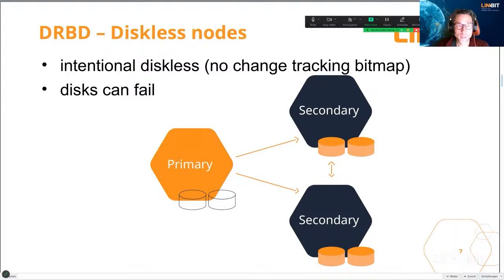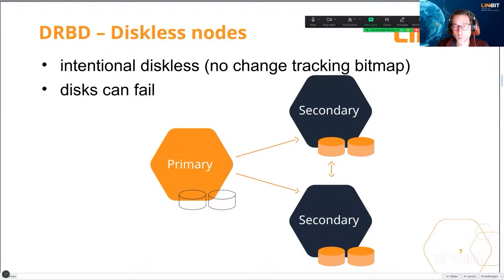It also has what we call a diskless mode of operation. That means you have a node and the DRBD device is primary here. So it is accessed, let's say, by the KVM process. But only replicas on different nodes.